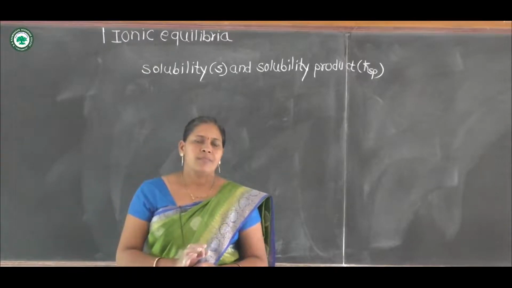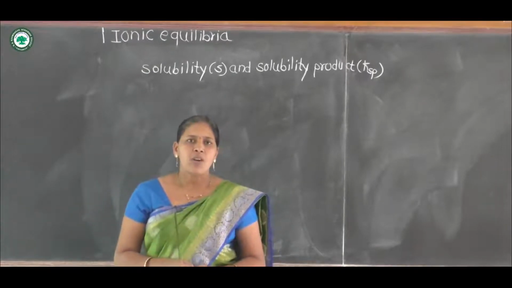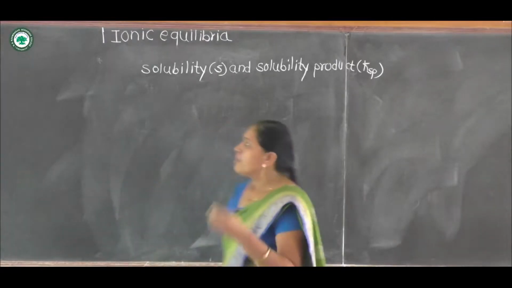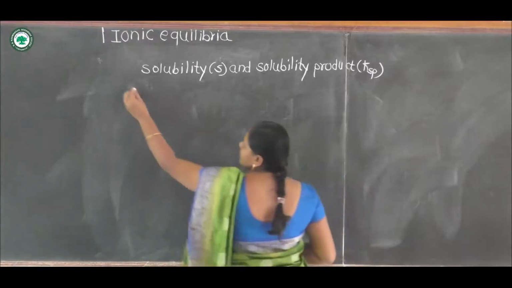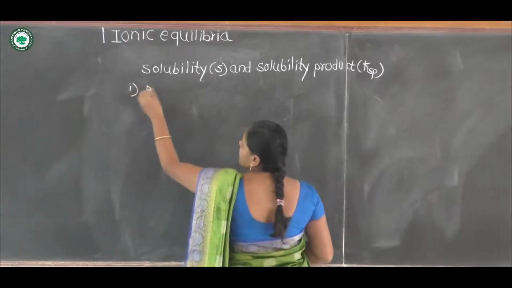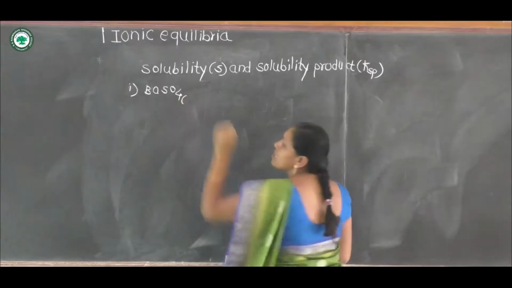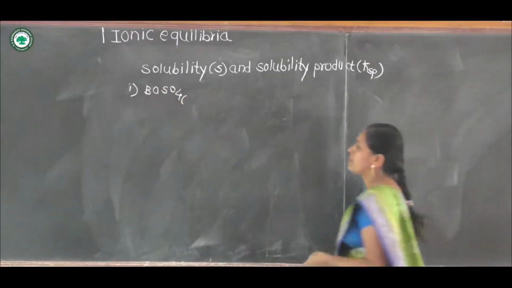First of all, how to write the expression for solubility product. For example, barium sulfate. Barium sulfate is a sparingly soluble salt.